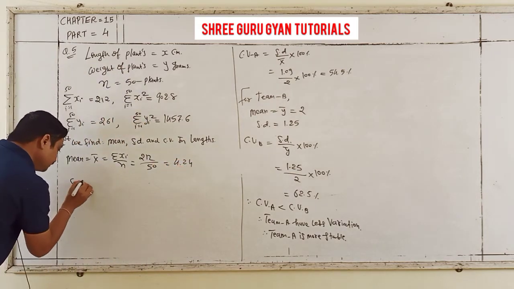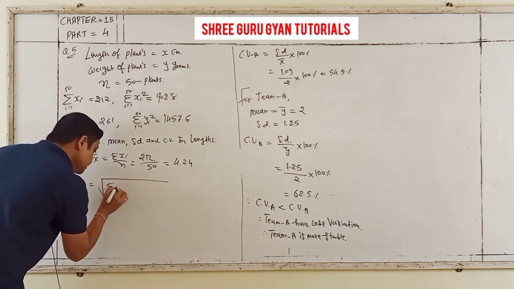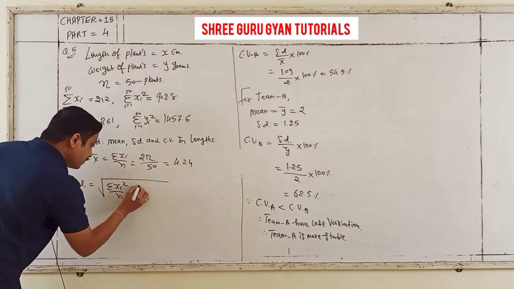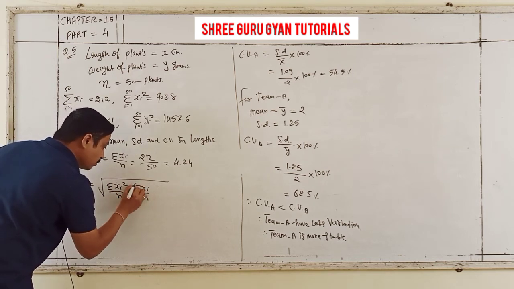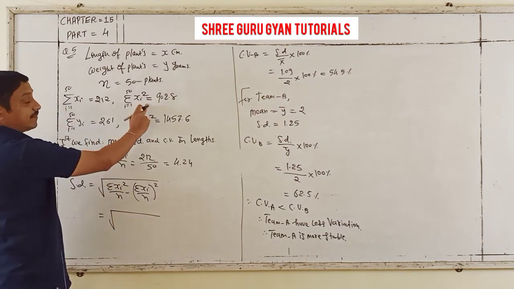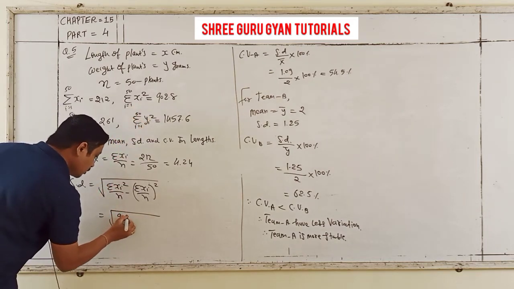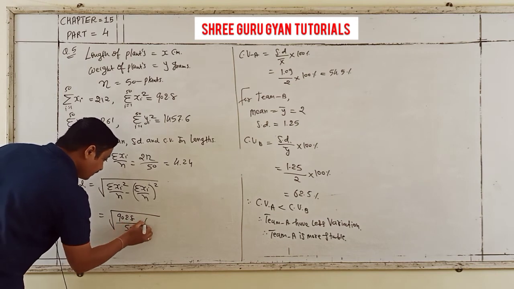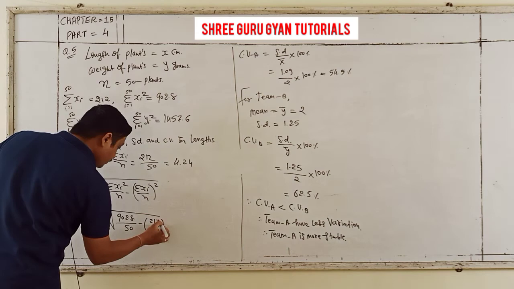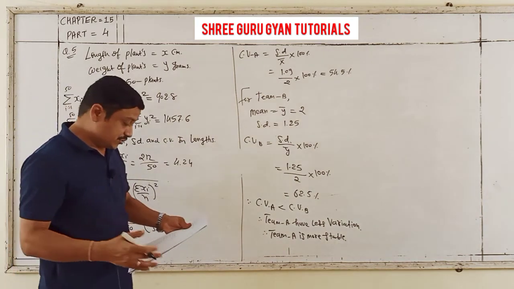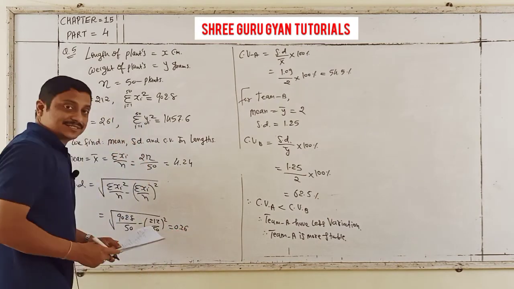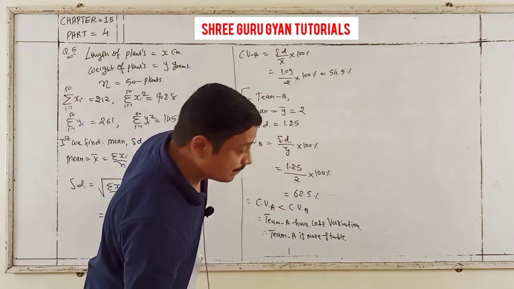Now SD is under root of sigma xi square by n minus sigma xi by n whole square, that is 902.8 by 50 minus 212 by 50 squared. Using the calculator, I write 0.26.